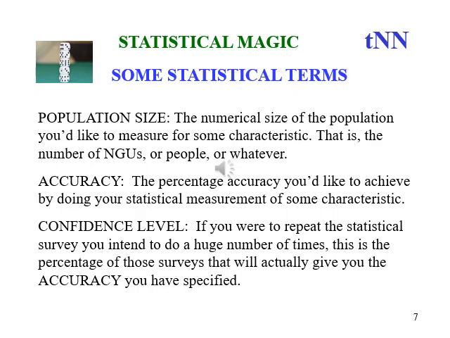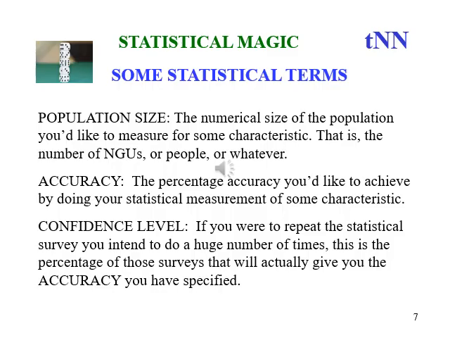The percentage accuracy you'd like to achieve by doing your statistical measurement of some characteristic of the population. Another term, confidence level. If you were to repeat the statistical survey you intend to do a huge number of times, this would be the percentage of those times that you would actually get an accuracy that you've indicated.